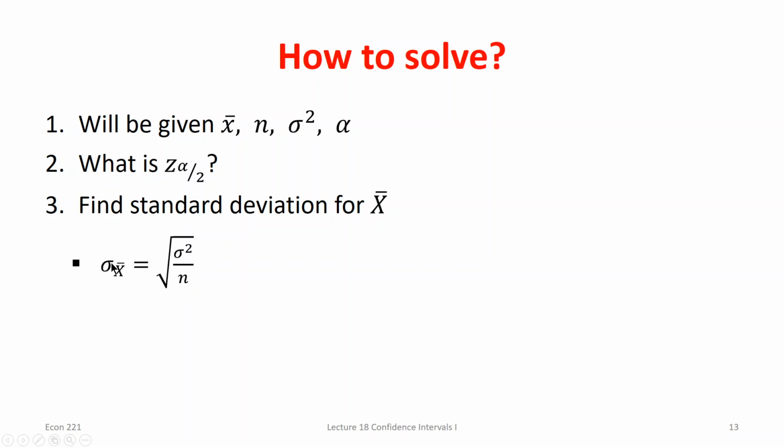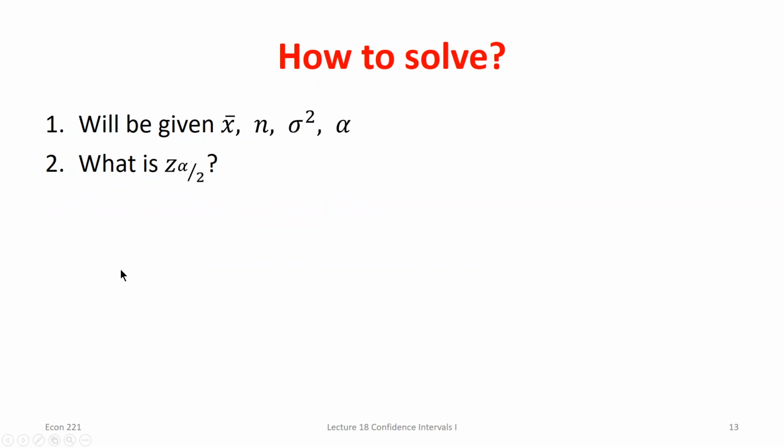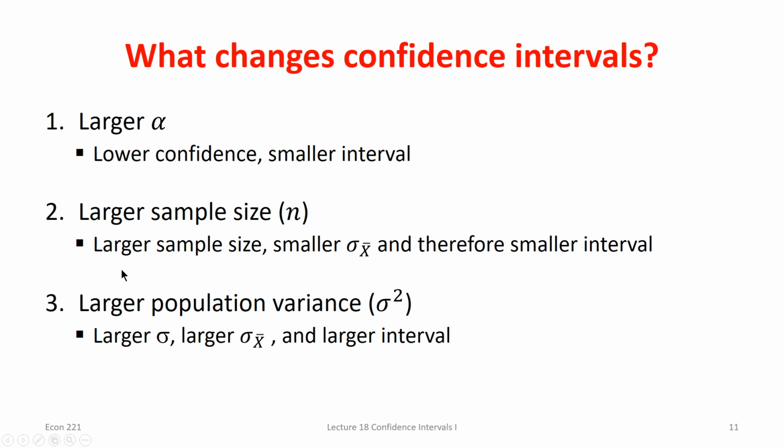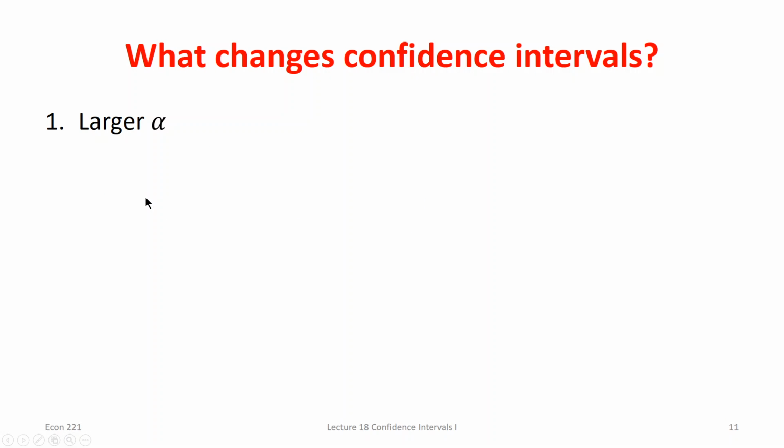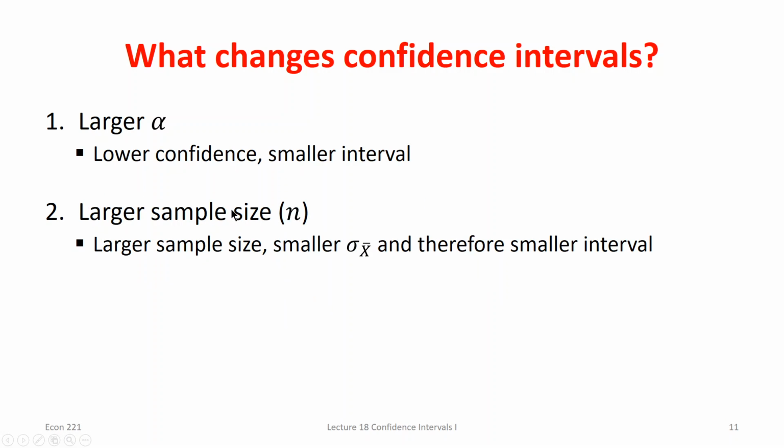So higher sample size lowers that standard deviation on my sample means. So if this is getting smaller, then I'm adding and subtracting a smaller amount and going a shorter level above and below. It's going to narrow that confidence interval as well. So larger sample sizes decrease my confidence interval, or make that interval smaller.